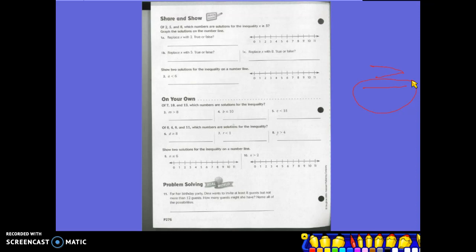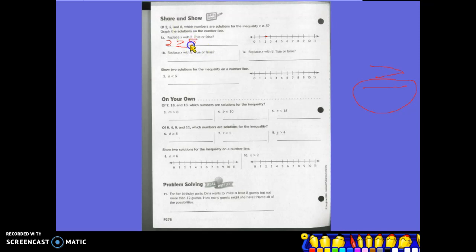True or false. So if I put 2 on here, is that greater than or less than 5? Less than. So is that greater than or equal to 5? So 2 is greater than or equal to 5. Is that true or false?